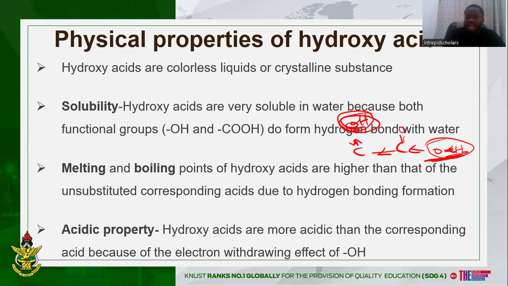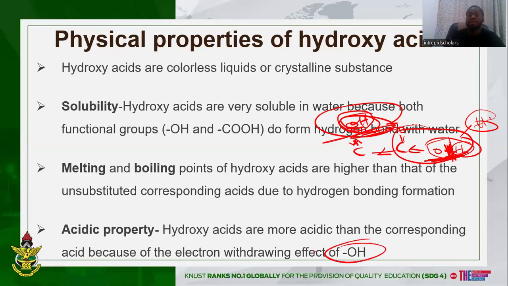When the OH bond is highly polar, it is very weak, and so it can easily lose the hydrogen, right? And so the acidity of the carboxyl group is enhanced due to the electron withdrawing effect of the OH group here, and that is what has been written here: hydroxy acids are more acidic than the corresponding acid because of the electron withdrawing effect of the OH.